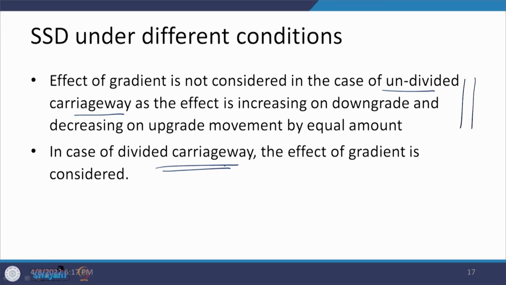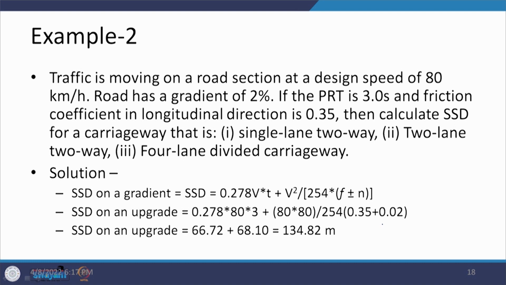You can use the simpler formula, because whatever is positive is going to be negative. On average, you get the same SSD. But in the case of divided carriageways, we are going to consider it because the movements are in a specific direction and either reduce or increase depending on whether you are going up or down. So, let us look at another example here.